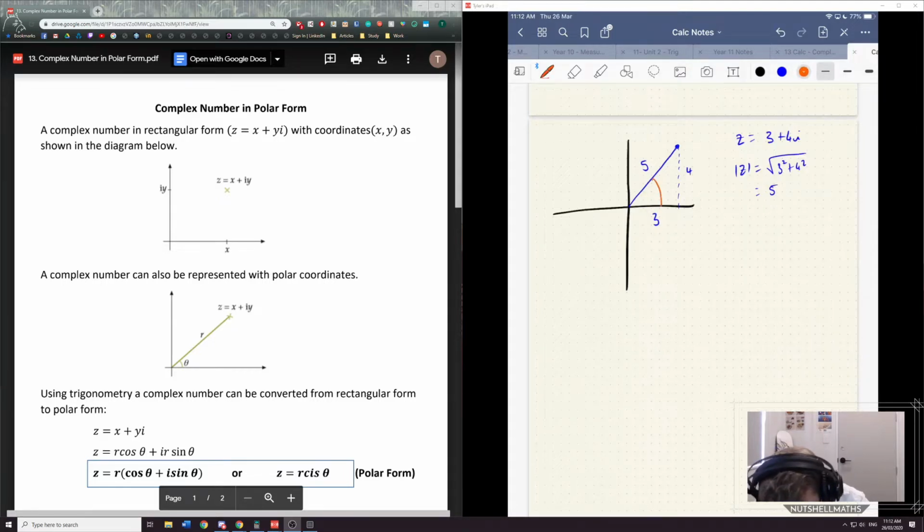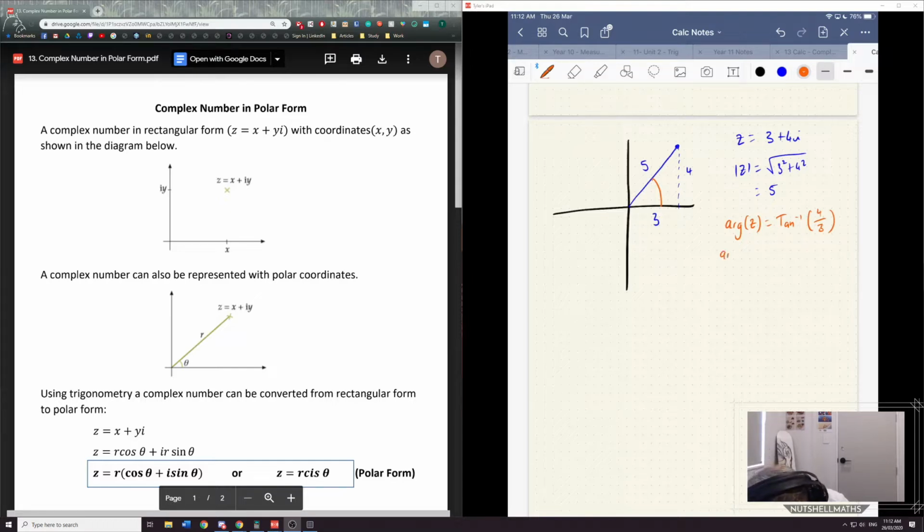And I'm going to use orange because that's what we were using yesterday. I could also, from yesterday, find this argument, where the argument of z is equal to tan inverse of 4 over 3. Do it on your calculator, double check. I've already done it.